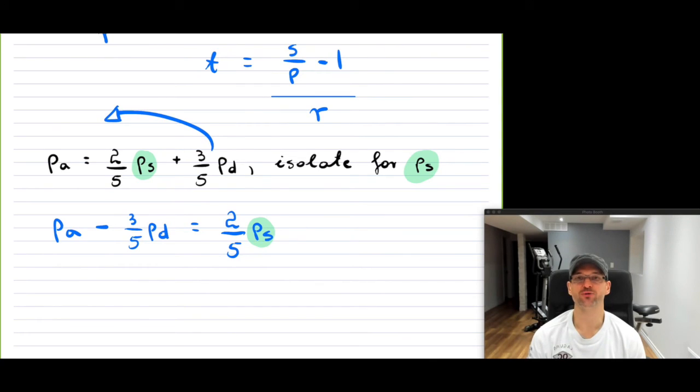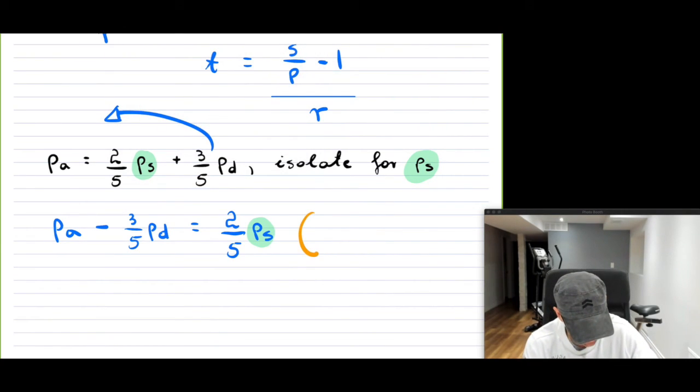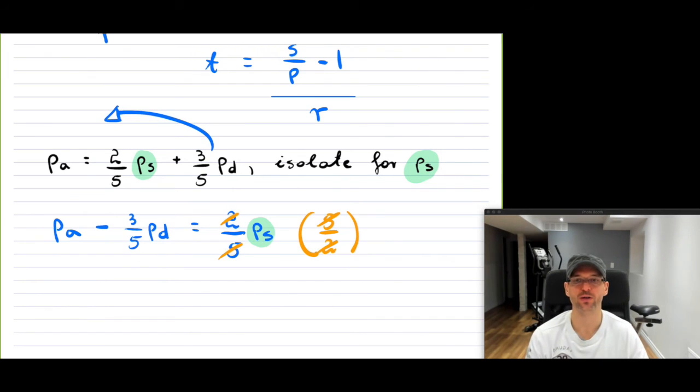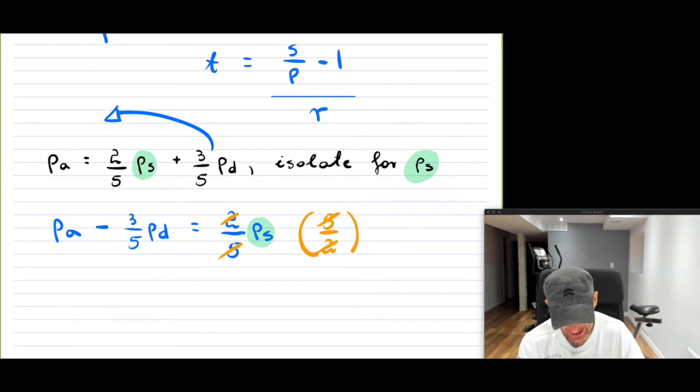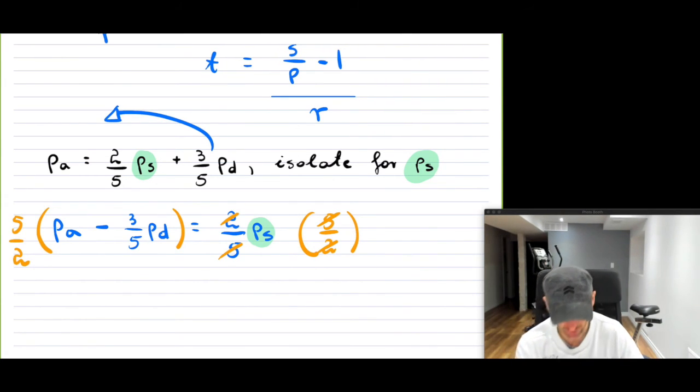So now I do not want to have the 2 over 5, right? So how do I get rid of that? To get rid of the 2 over 5, I have to multiply both sides by 5 over 2, so that the 5 cancels with the 5 and the 2 cancels with the 2. So I have to multiply this entire side here by 5 over 2.